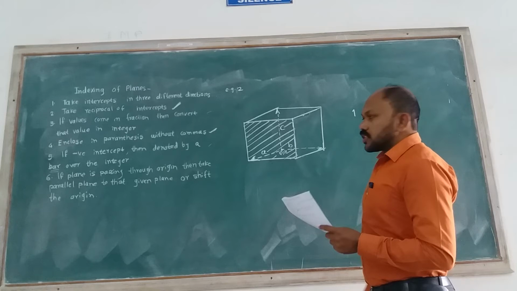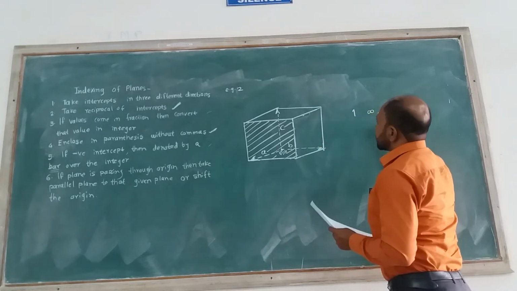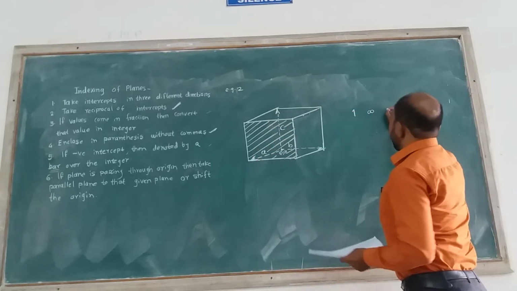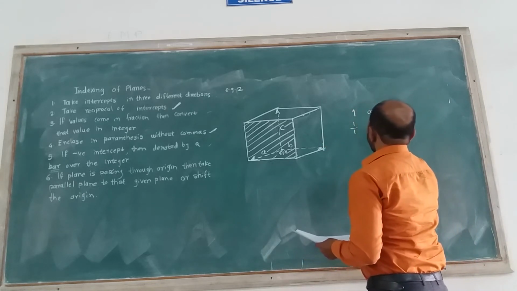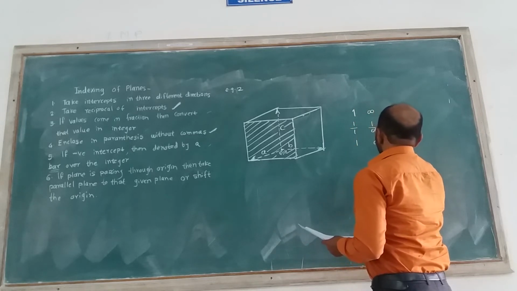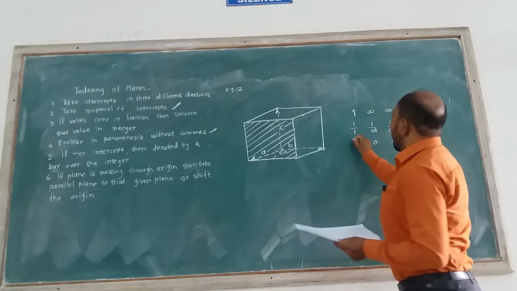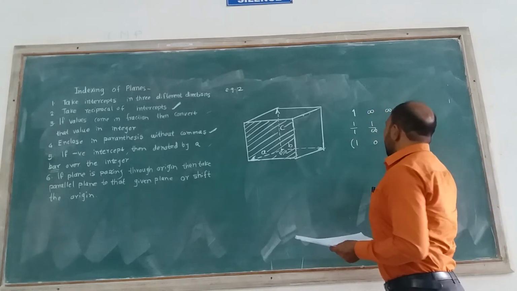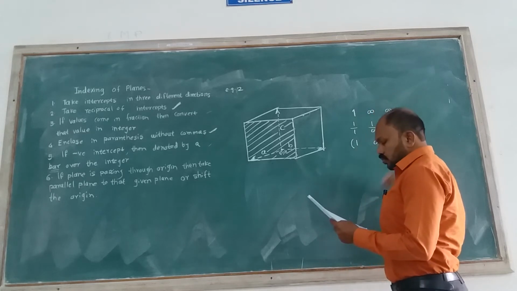We take the values 1, 0, 0. Now all values are integers, so no need to convert. Now keep this in parenthesis, and this is the representation for this plane, that is (1 0 0).